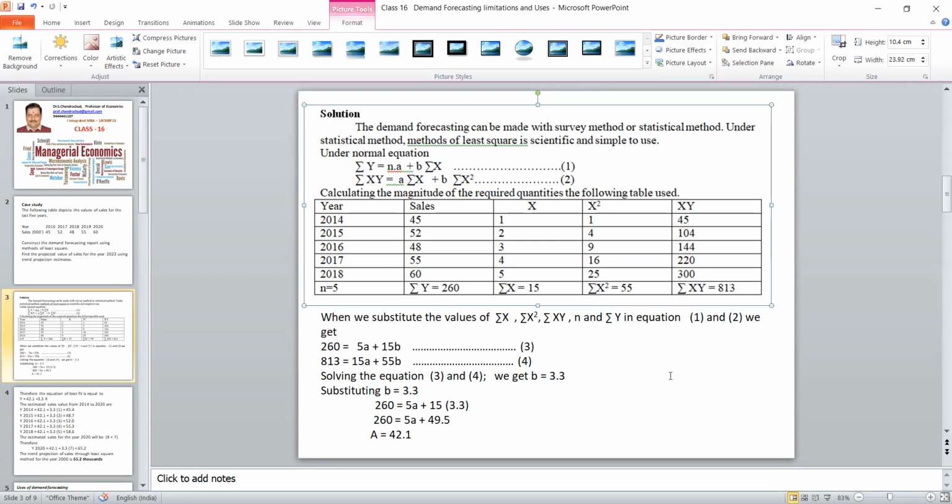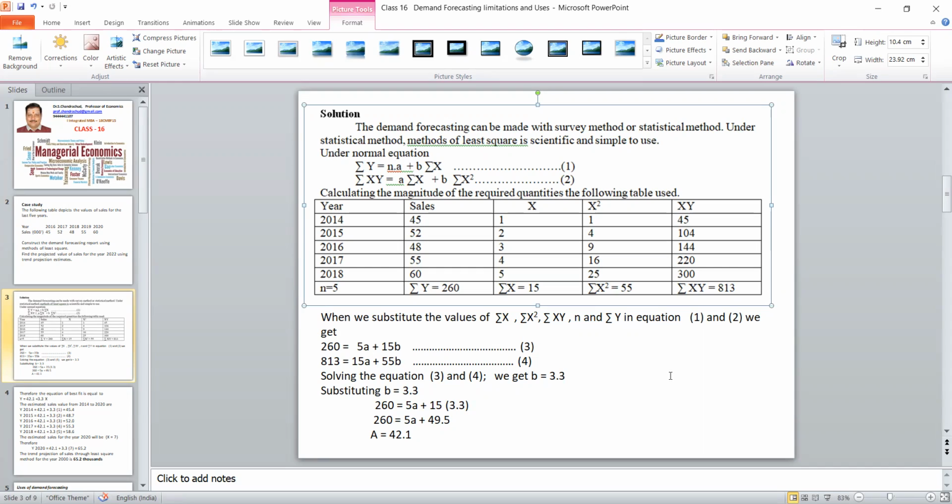Third year, 48 into 3 will be 144. Similarly, in the fourth year, 55 into 4, which is equal to 220. And finally, 60 into 5, 300. That last column is x into y. If you add these 5 values, we get the summation of xy, which is equal to 813.